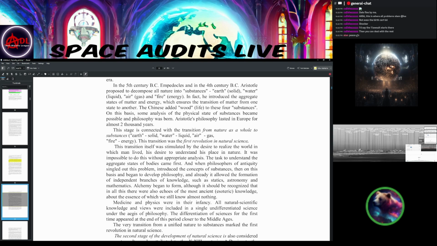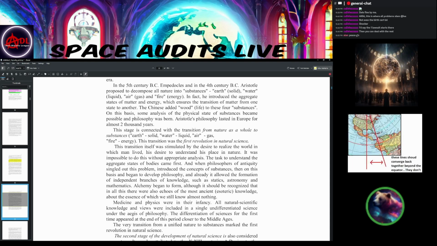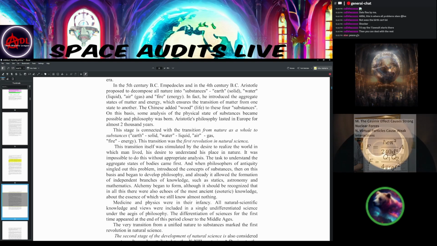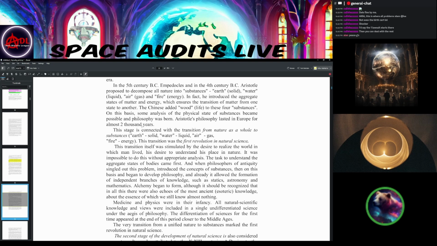In fact, he introduced the aggregate states of matter and energy, which ensures the transition of matter from one state of matter to another. The Chinese added wood, life, to these four substances, and on this basis some analysis of the physical state of the substance became possible, and philosophy was born. Aristotle's philosophy lasted in Europe for about 2,000 years.